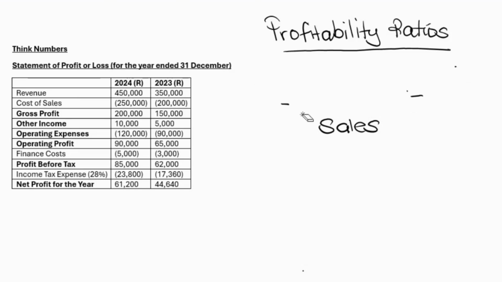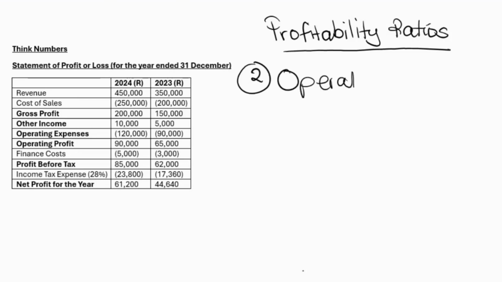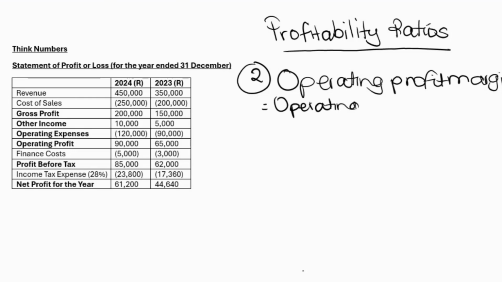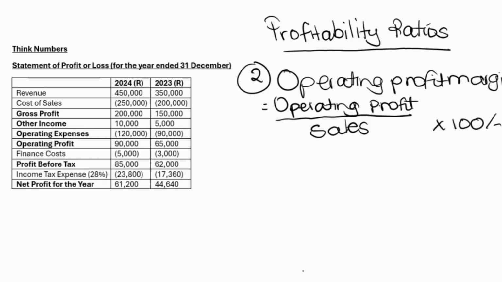So ratio number 2, under profitability ratios, we are now going to look at the operating profit margin, where the formula for the operating profit margin is operating profit divided by sales. And because this is a margin, we're going to multiply it by 100%.